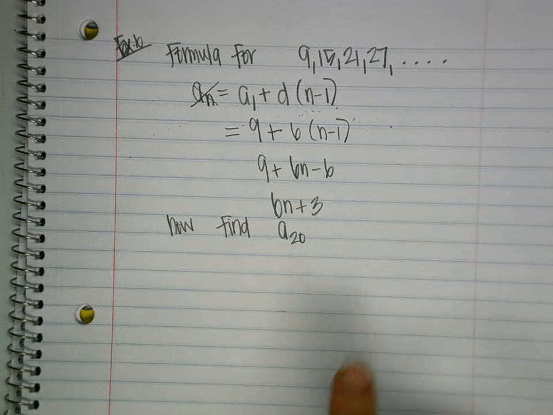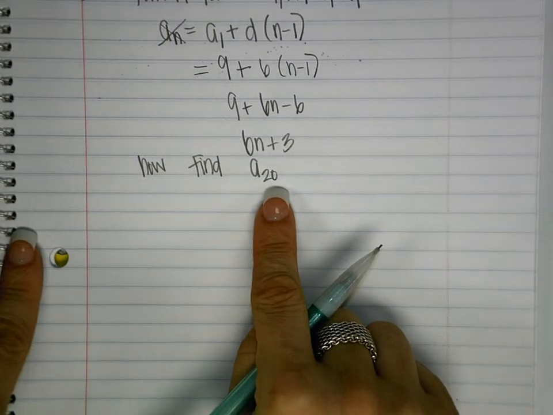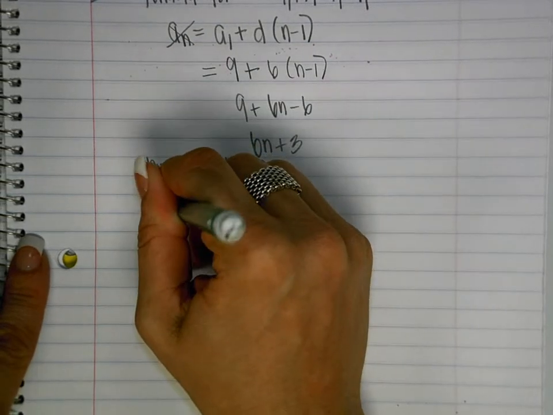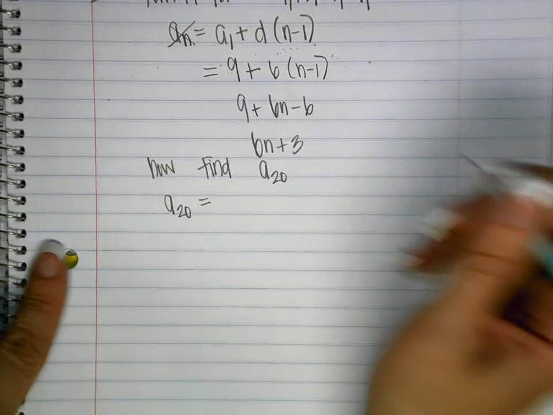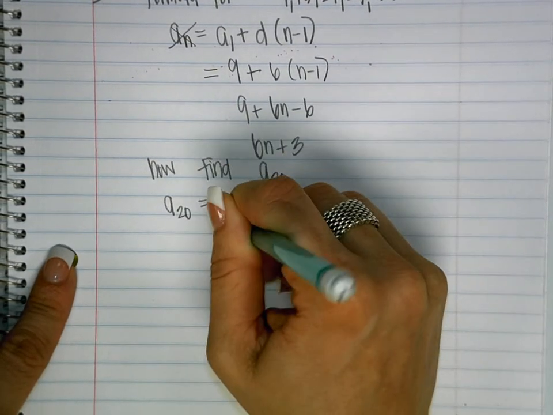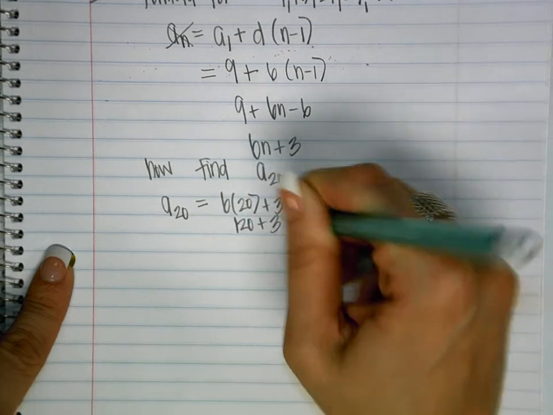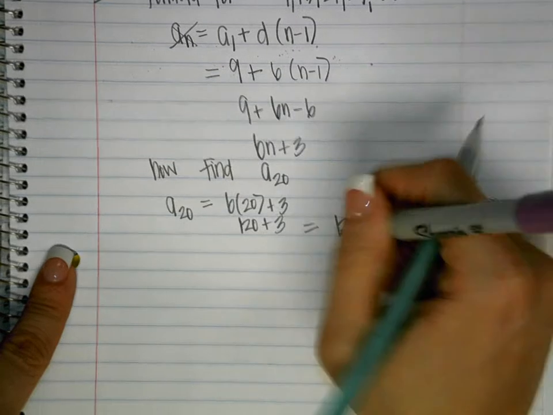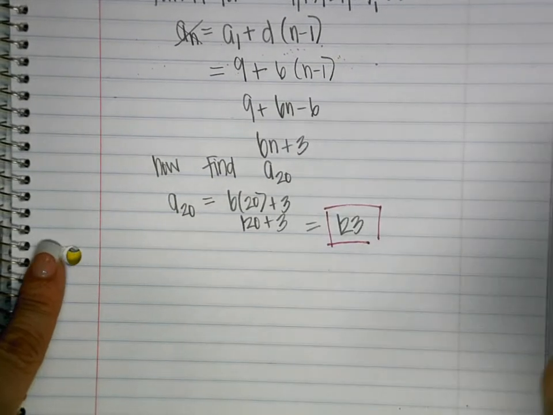This is a lot simpler. How do I find a sub 20? Exactly, plug in 20 for n. 6 times 20 plus 3, 120 plus 3 equals 123. That's your 20th term. That's it.